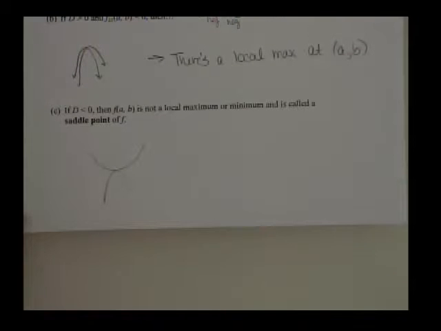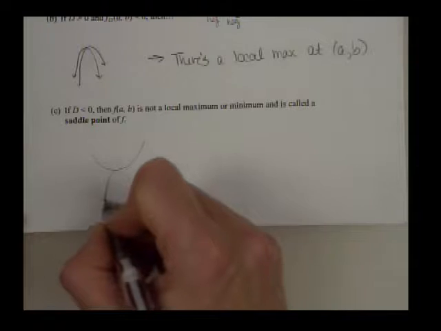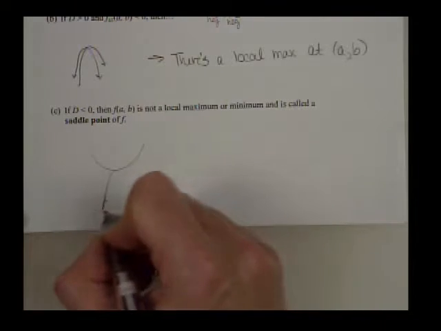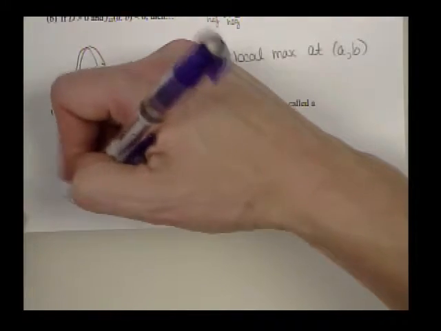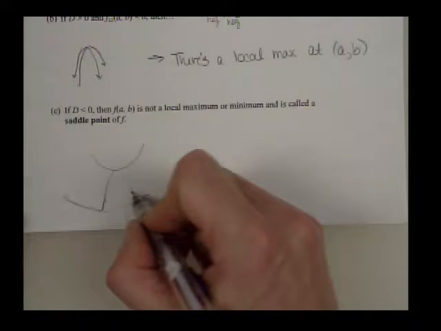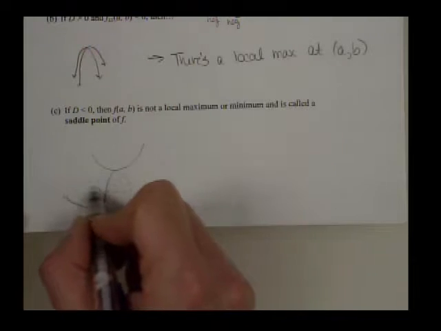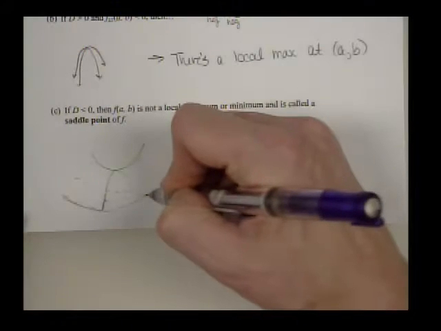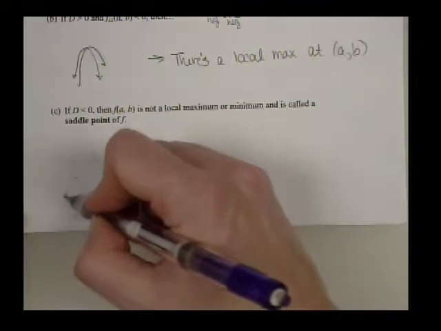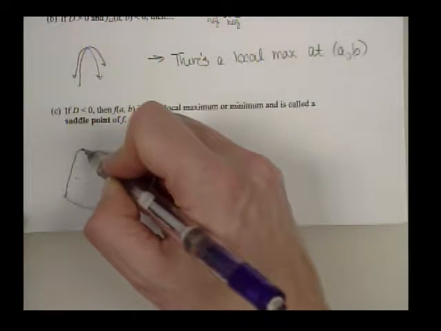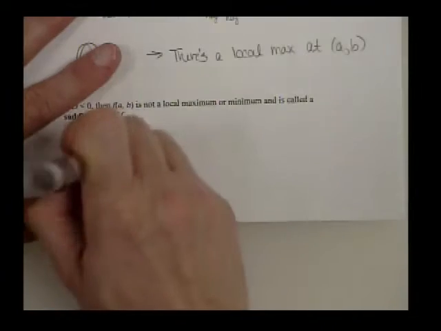The reason they call it a saddle point is, say I extend this one down a little bit more, and I'm just drawing another parabola at either end of the downward facing parabola, and have that come up a little more.